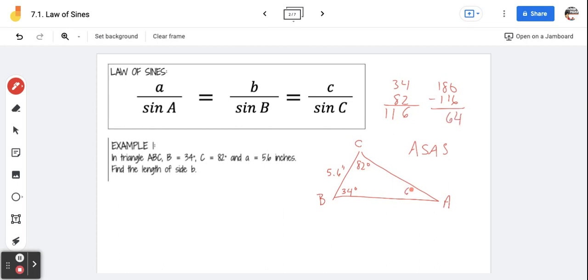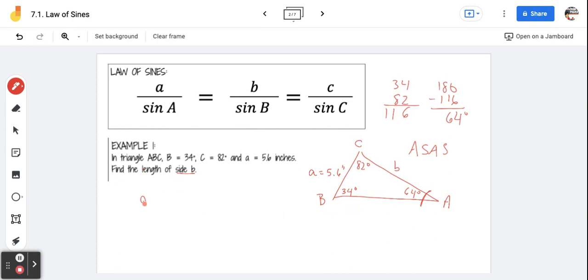So this angle is 64 degrees. All right, so I know angle A and the side across from it, which is side A. I know angle B, which would allow me to then find side B. If I want to solve it, this one just says find the length of side B, so I don't have to solve the whole triangle. So I don't need to find side C. I could, but I don't have to. I just want to find side B.